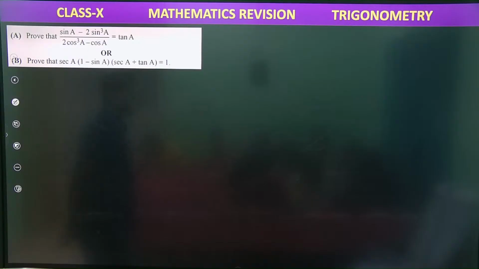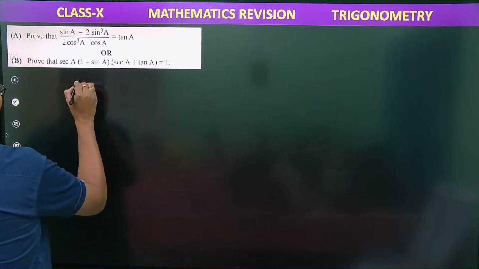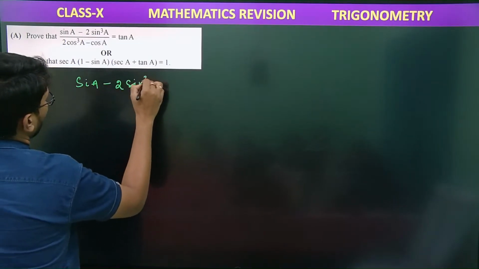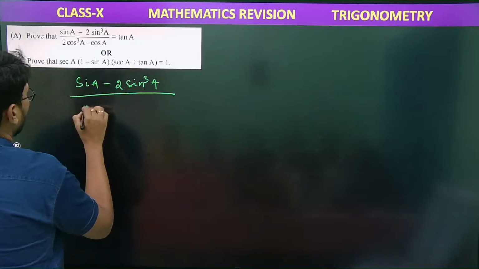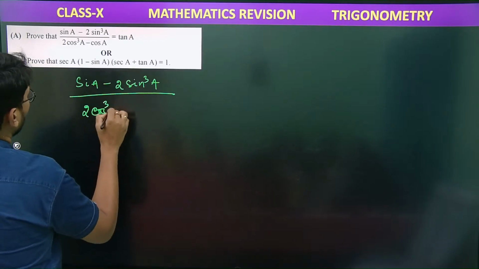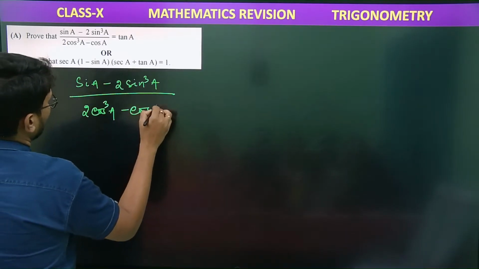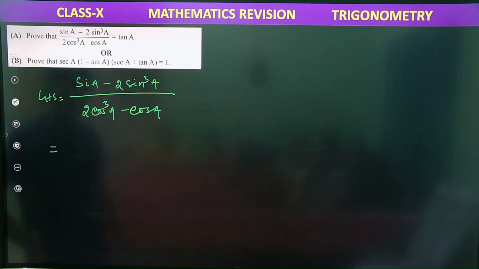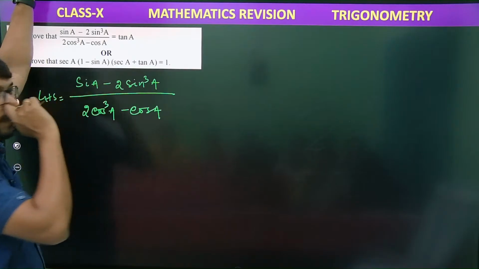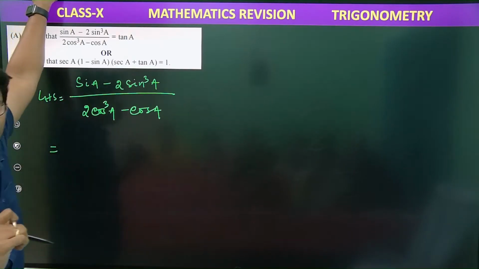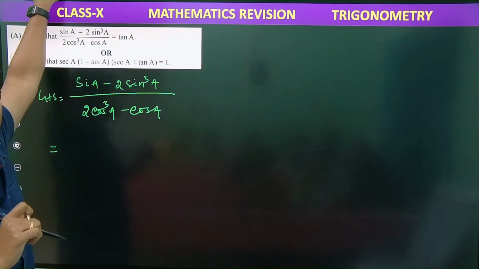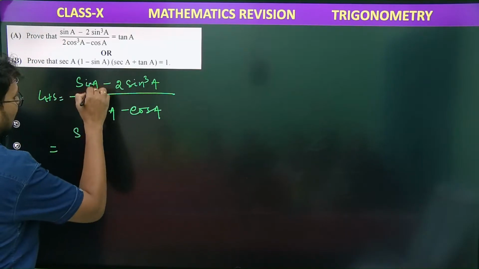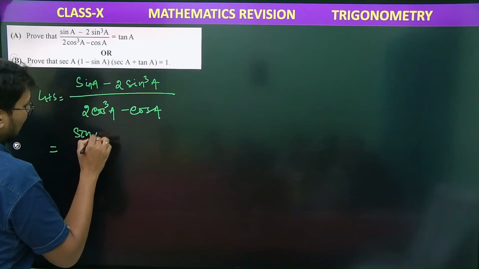Look at here. Sine A minus 2 sine cube A, whole divided by 2 cos cube A minus cos A, right? This is the LHS now. So what you have to do, you have to take common from the numerator: sine A is common.